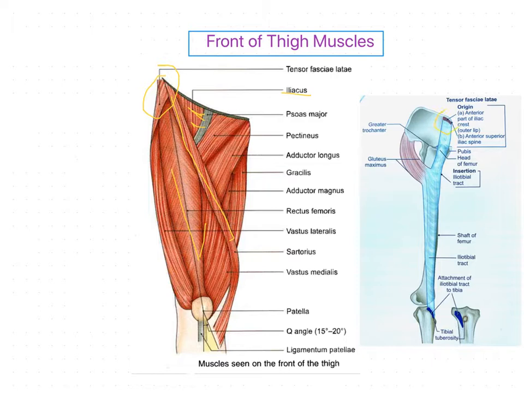We can find this muscle originating from the anterior part of the iliac crest and anterior superior iliac spine, and getting inserted into the iliotibial tract. We are going to discuss the tensor fascia lata in detail in the gluteal region, whereas the two medial muscles of the thigh also encountered here, that is pectineus and adductor longus, we can see in the medial aspect of the thigh.